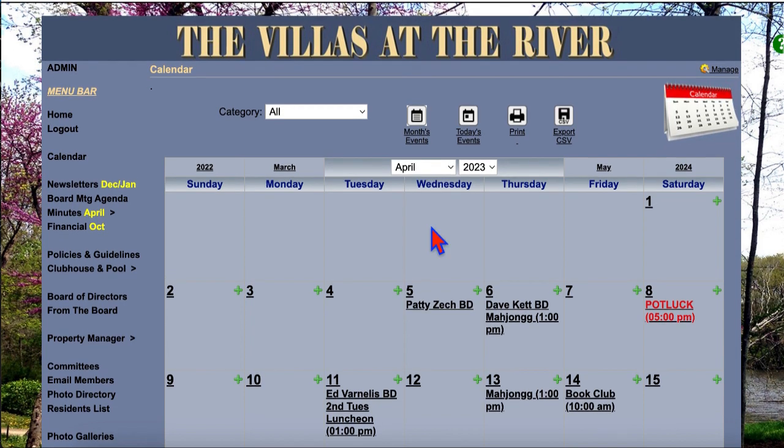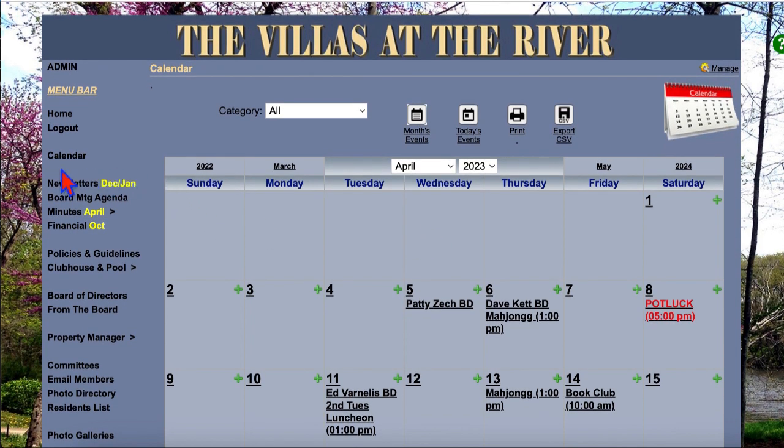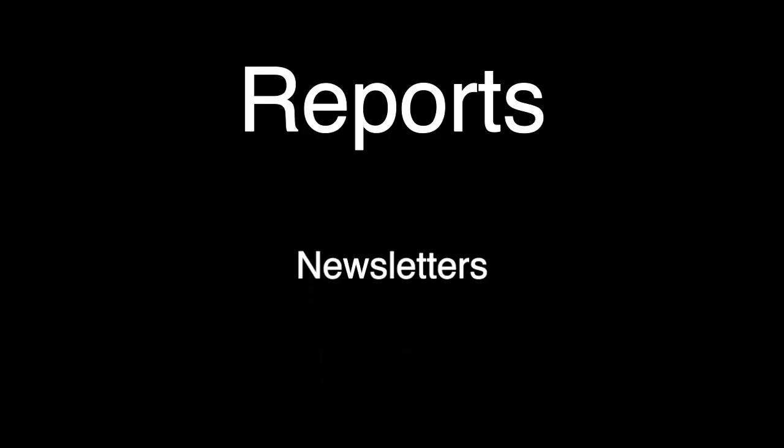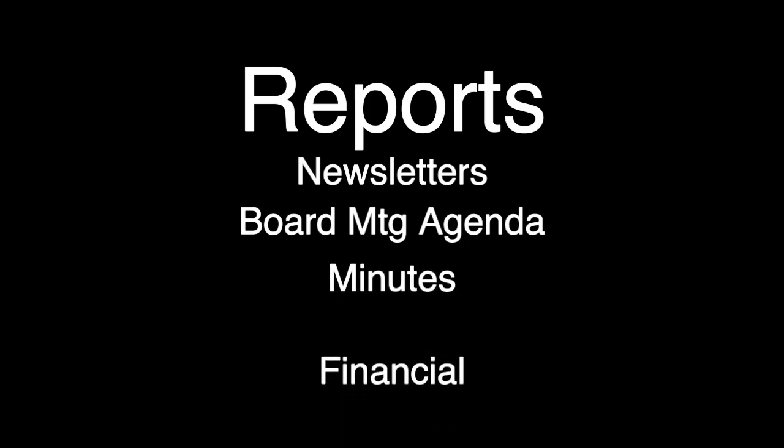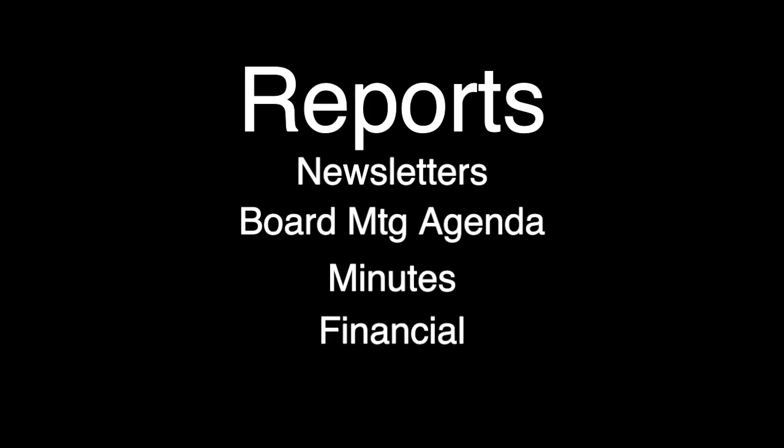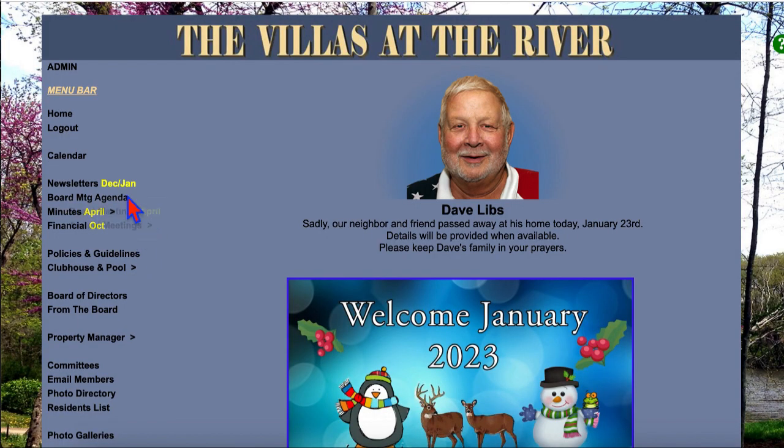So the next thing that we'll get into is this area over here, looking at the newsletters, board meetings, minutes, and financials. The various reports that are out there and newsletters and such.